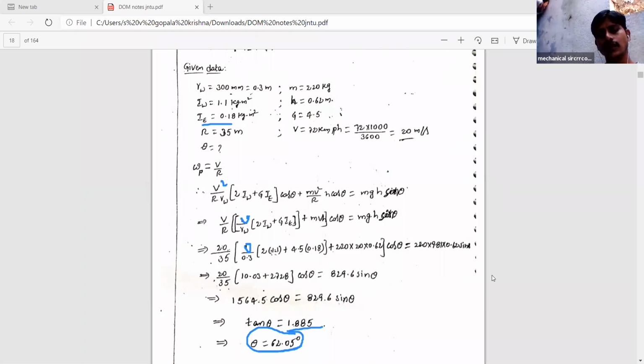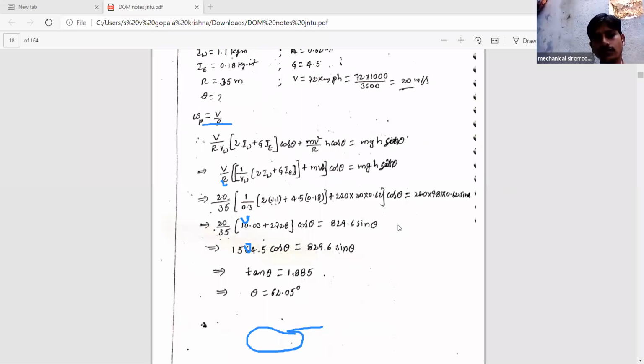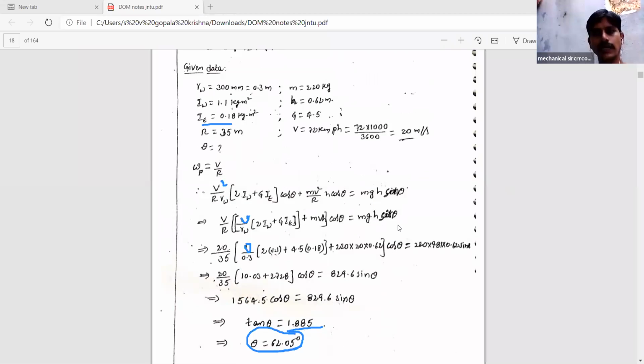Someone will say the answer. I will call you by roll number and tell me the answer. Lateral entry number 325, Balu, please respond and tell me the answer.